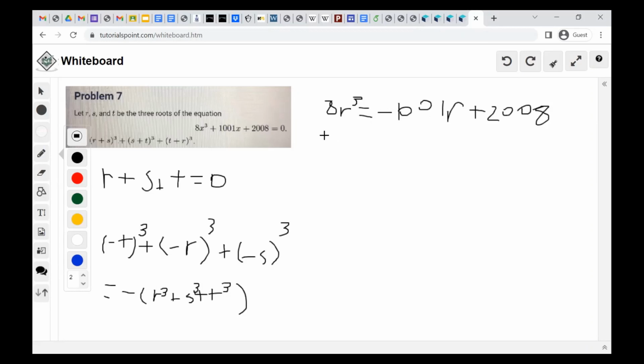Similarly, we know that 8s cubed equals negative 1001s plus 2008. Whoops, that was not a very good 8. And 8t cubed equals negative 1001t.